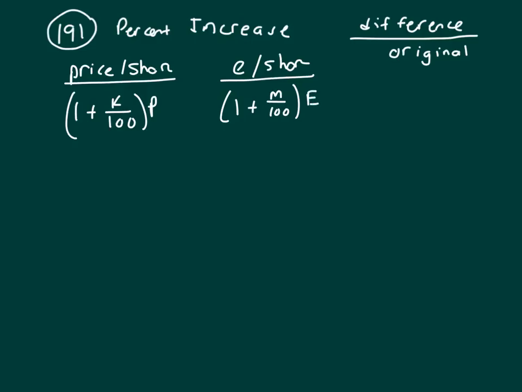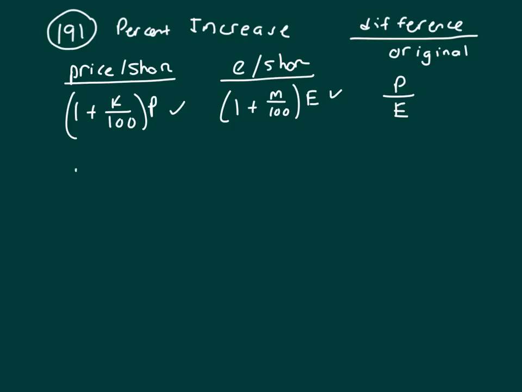And we're trying to figure out by what percent the ratio of price per share to earnings per share increased. So the original would have been price over earnings. And this is after the increase. So let's find the ratio after the increase of price per earnings.